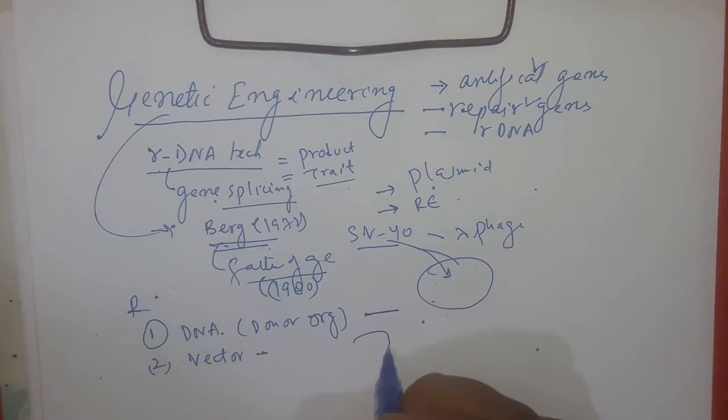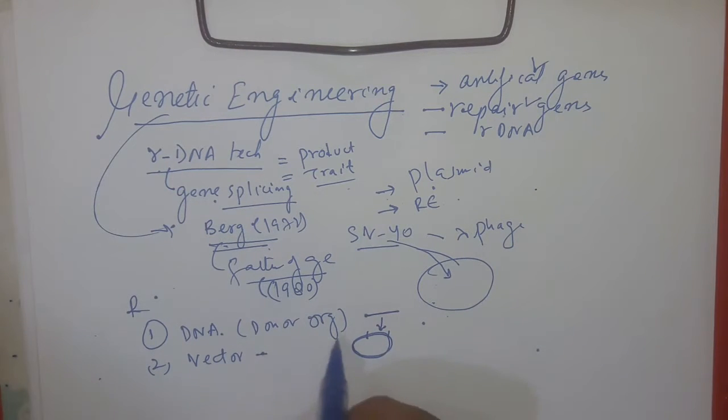Now these are 2 steps: getting the desired DNA, getting vehicle or vector, and then fusing that segment of DNA into this vector, which is in fact a plasmid.